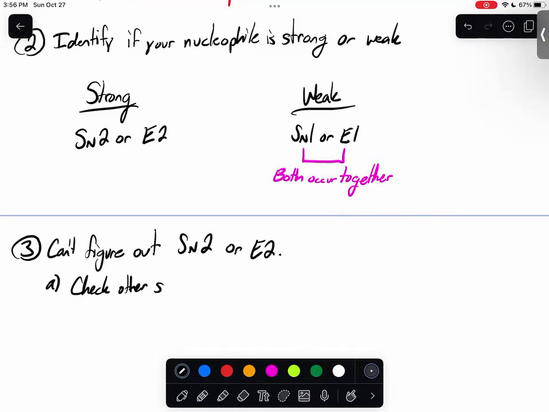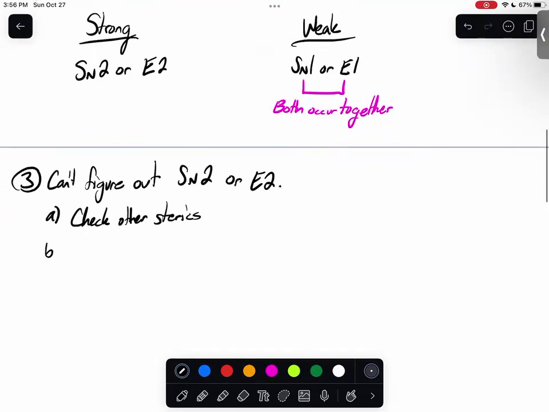It's not just the carbon that the leaving group is on, but the surrounding carbons can also force you into an E2 type of mechanism. The second thing that we care about is to check the conjugate acid pKa.